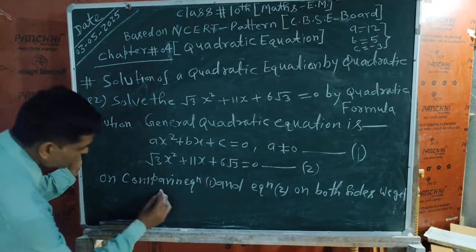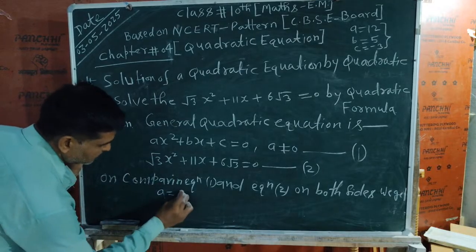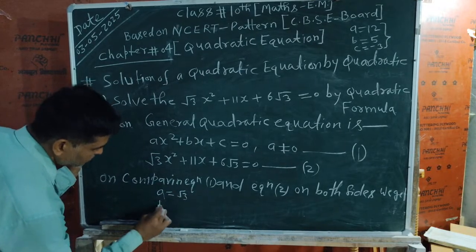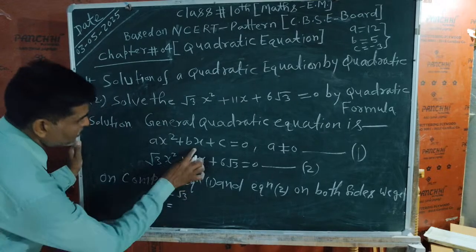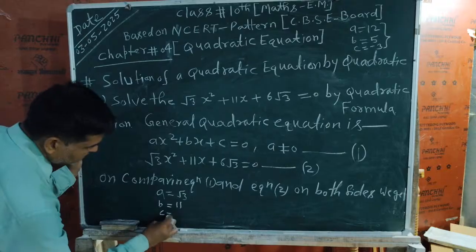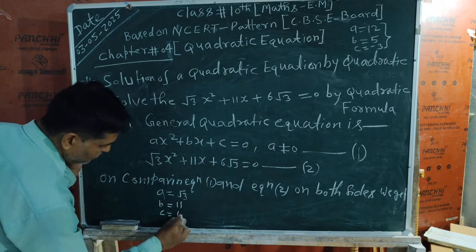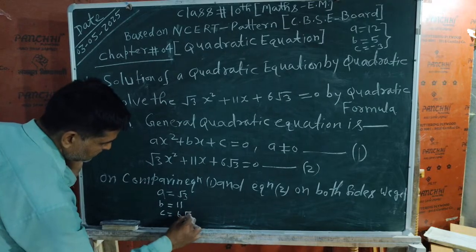Now after comparing, the value of a is root 3, the value of b is equal to 11, and similarly the constant term, the value of c, is equal to 6 root 3.